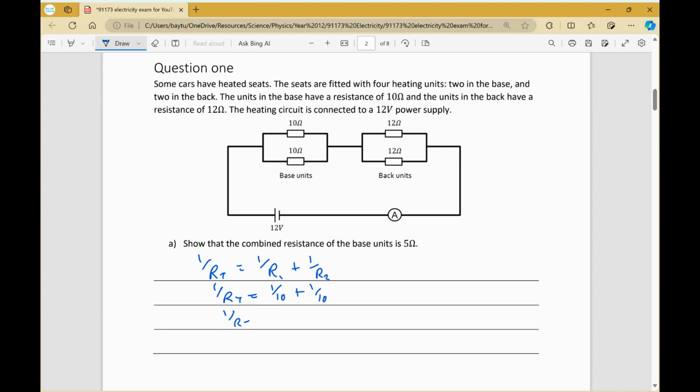So 1 over RT equals 2 out of 10, or 1 over 5. And then you can flip both those fractions upside down, or inverse it, to do it to the power of -1. Either or, same result, which is a total resistance of 5 ohms. A nice achieved to get us started.